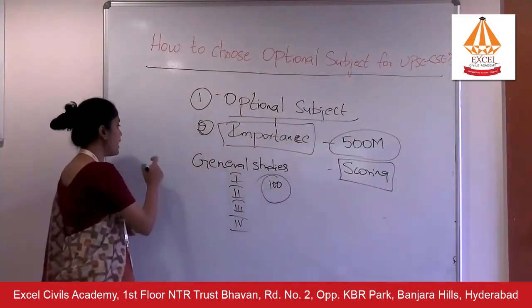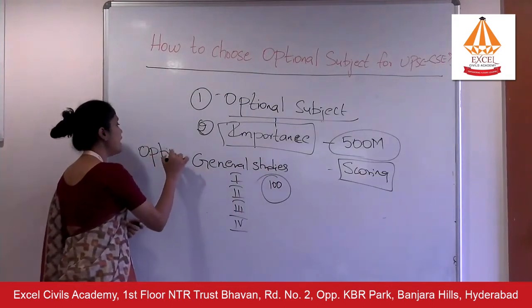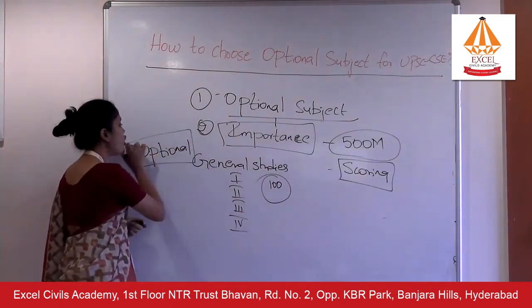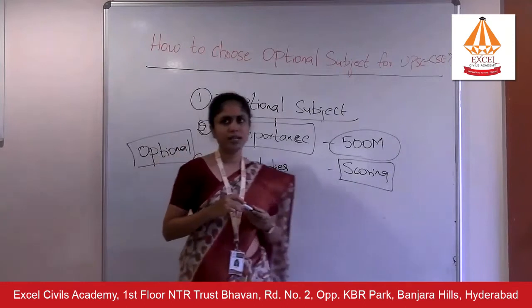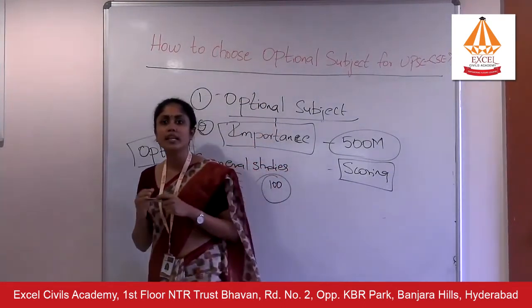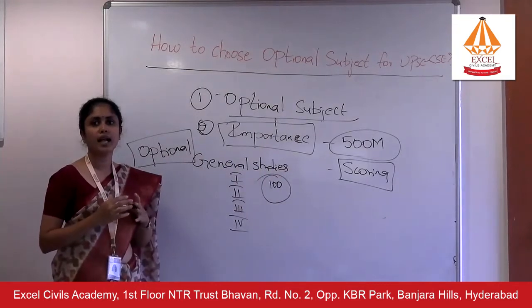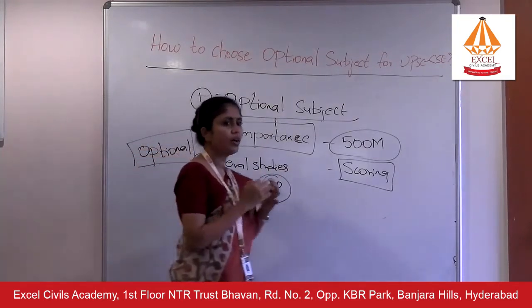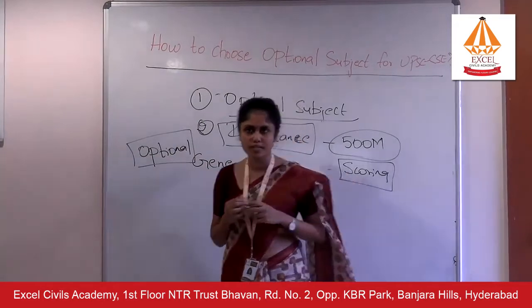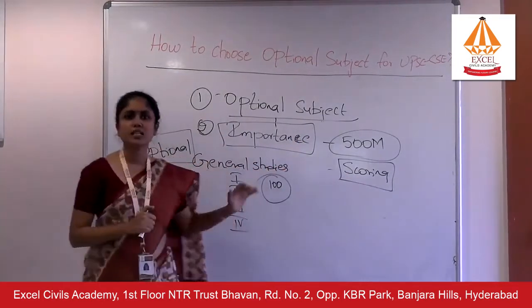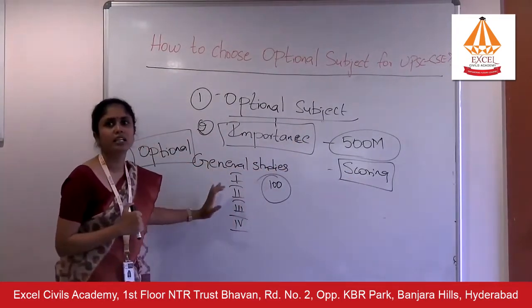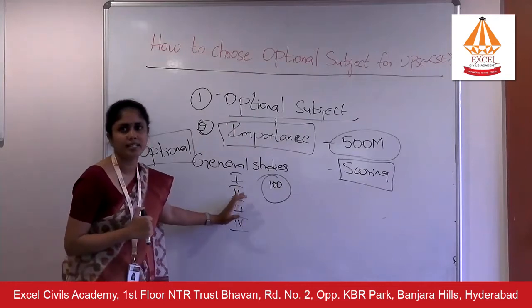Okay, but you will see a large variation in optional marks. You see toppers scoring 330 marks out of 500, and you also see candidates who are scoring just 200 or 220 marks in their optional subjects. So in optionals, you have a large variation in the marks which candidates get.